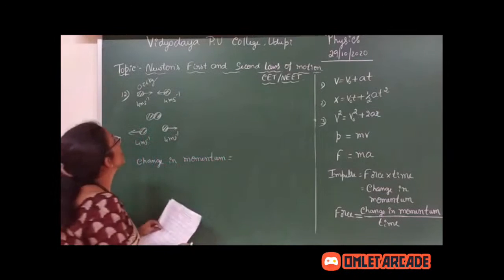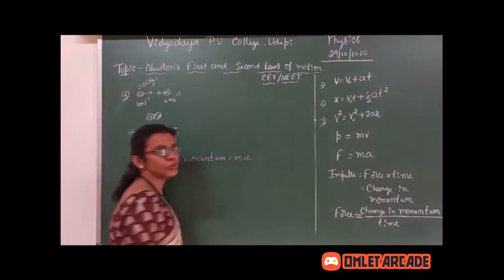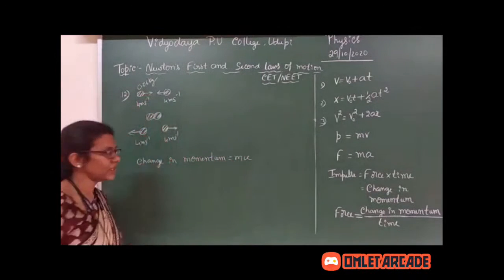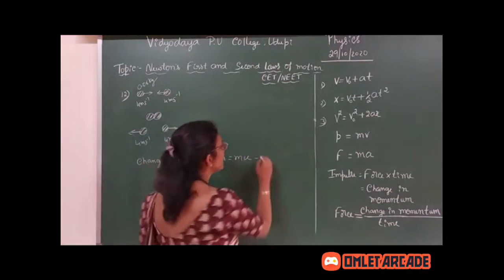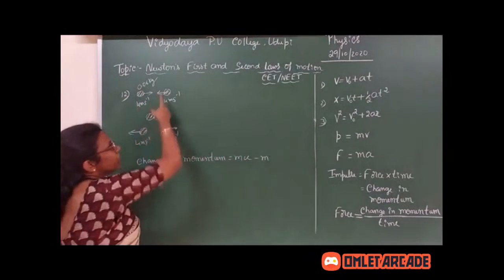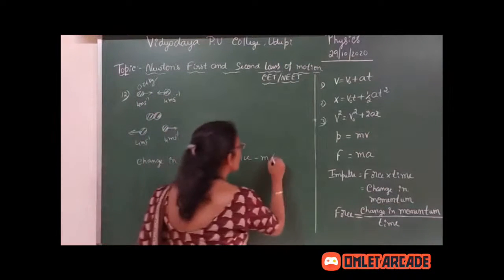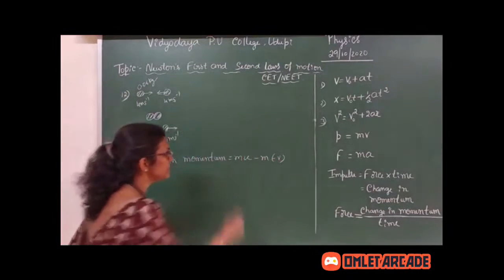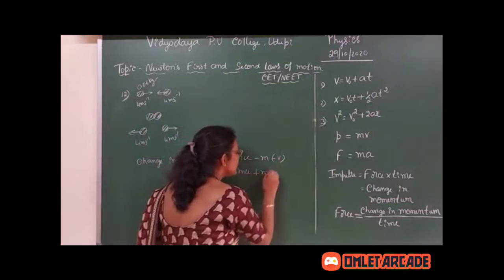So change in momentum is equal to m into u, initial speed, minus m into final speed. For the first ball, the direction is opposite, so minus v. So this becomes mu plus mv.